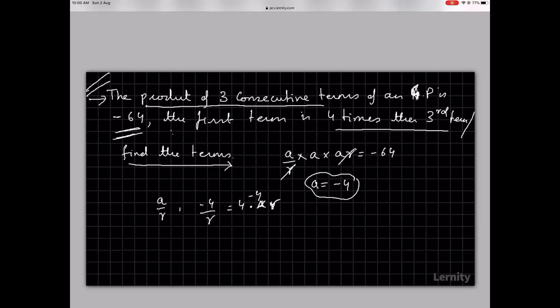A is -4, so minus will become plus, 4 will get cancelled. So you will get R is equal to +½ or -½.